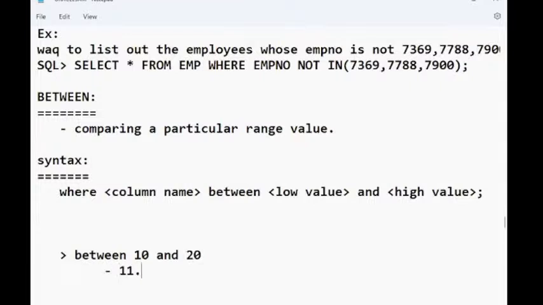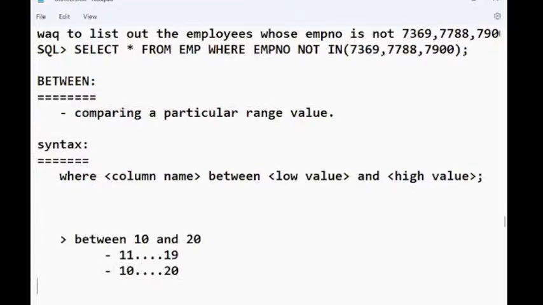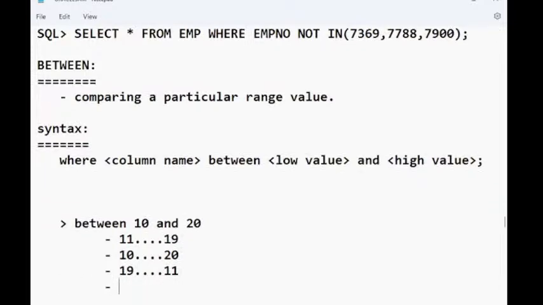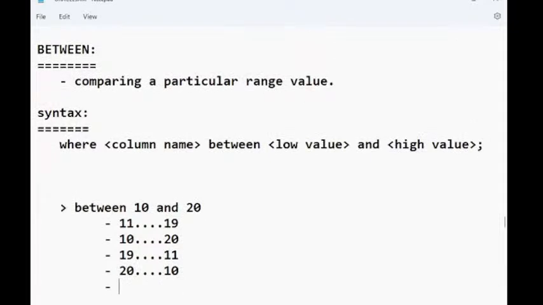Is it 11 to 19, or 10 to 19, or 10 to 20, or 19 to 11, or 20 to 10, or none of the above? Which is correct?